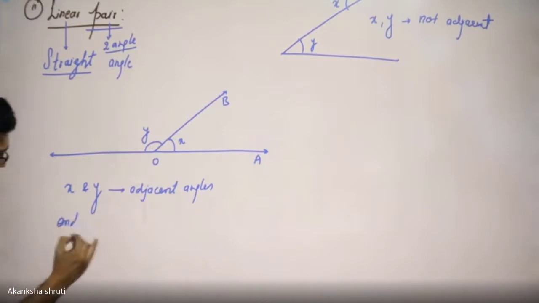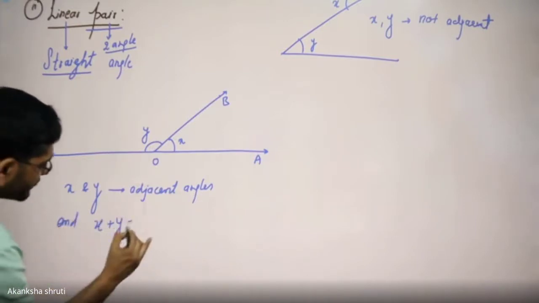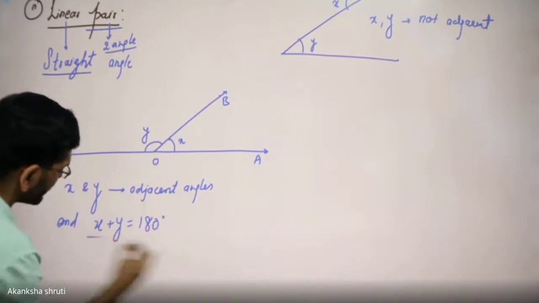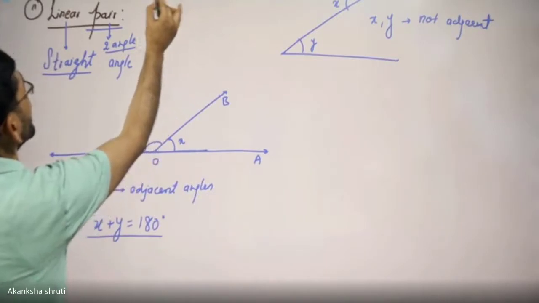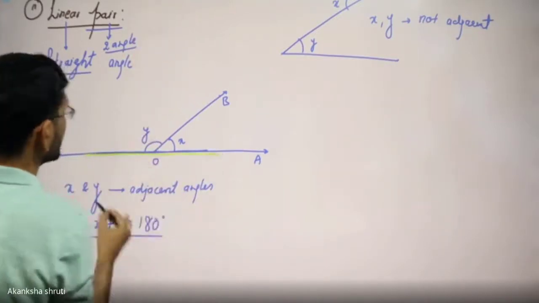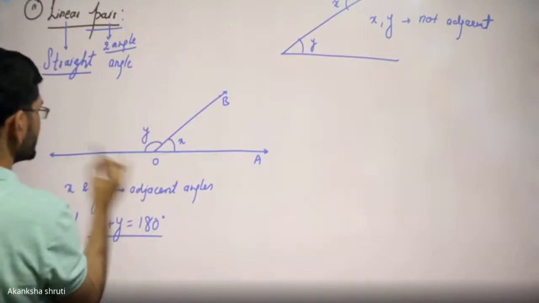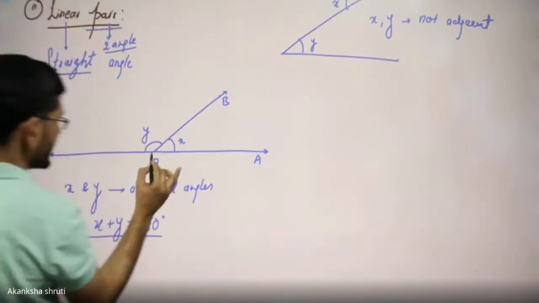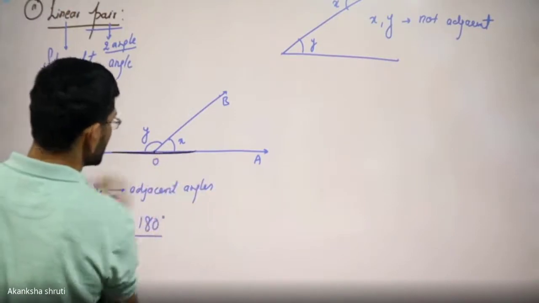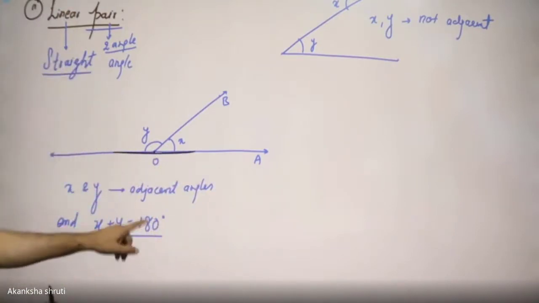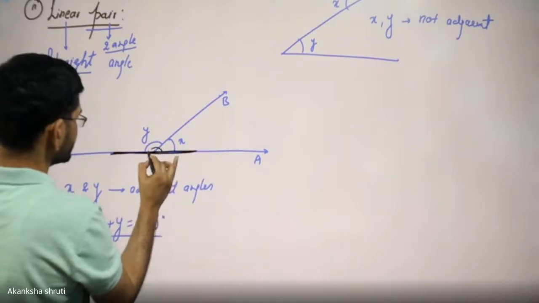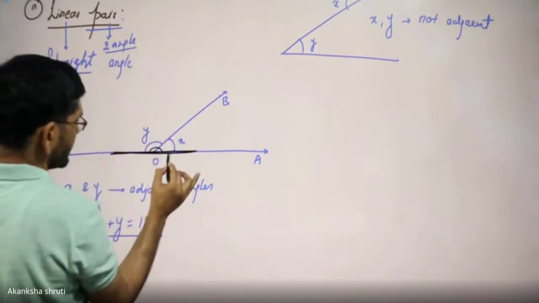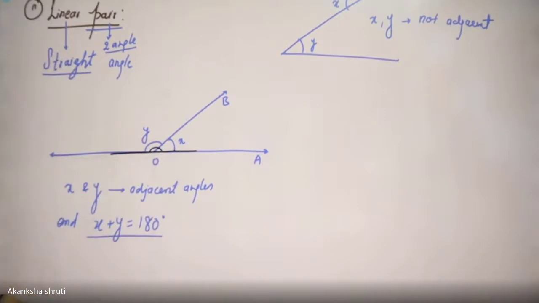and the other condition is x plus y sum should be 180. Why? It is forming the straight angle now. You can see, or here we can watch that this is the straight line which is formed here. Because of this straight line formation at this point, their sum is 180 degree, because at any straight line the angle is always 180. Okay, student, but this 180 is x plus y.